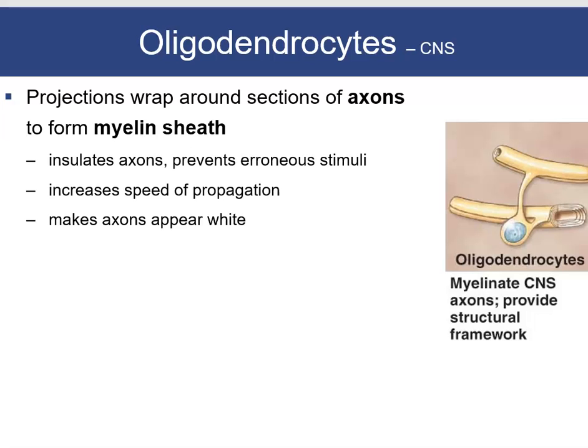This myelin sheath helps to insulate the axons and prevent erroneous signals. Myelin also helps to speed up the rate of propagation of a signal. And the presence of myelin on an axon will give that nerve a white color.